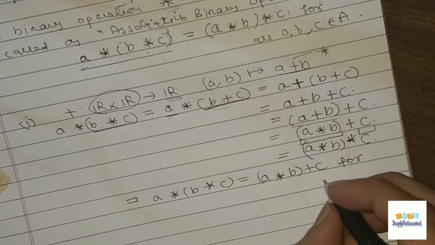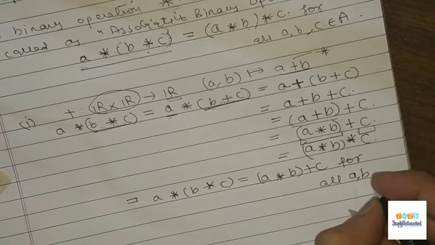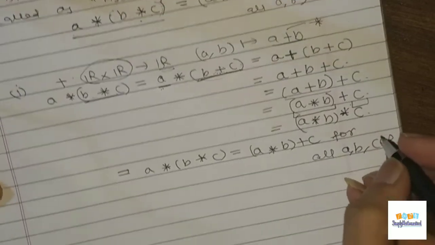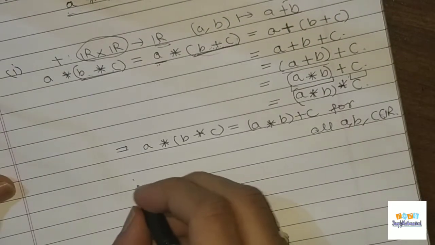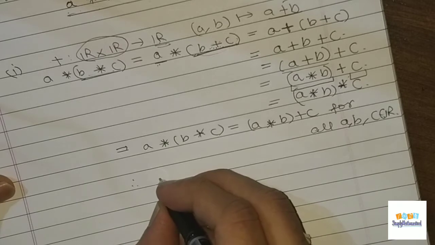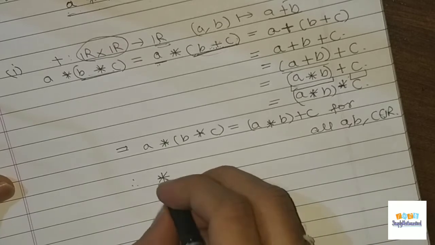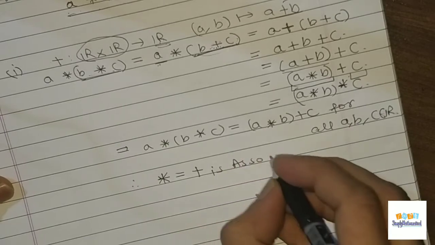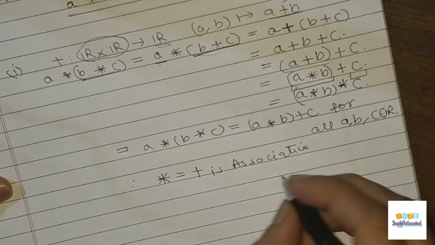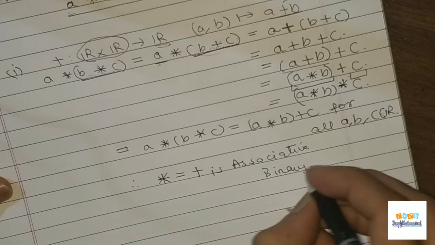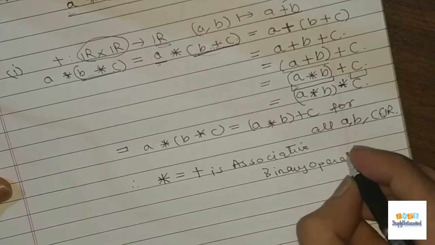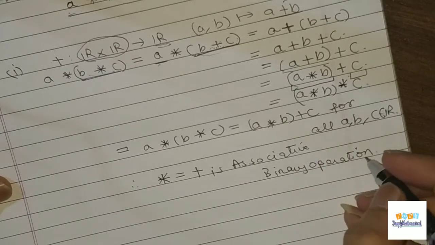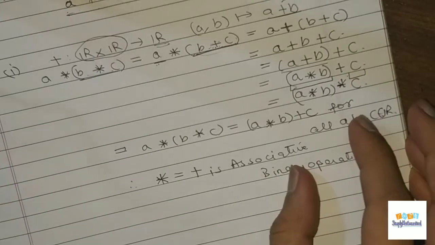Now this is for all a, b, c belonging to the real numbers. Therefore star, which is nothing but addition, is an associative binary operation.